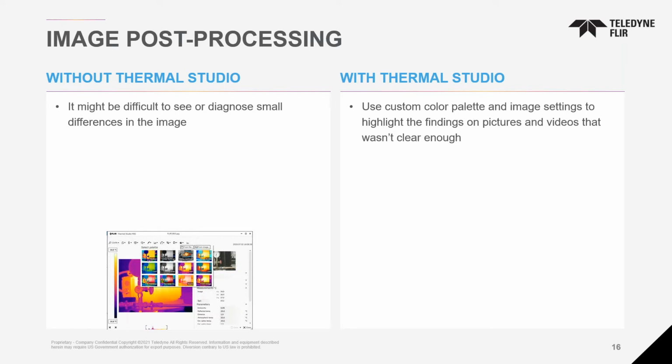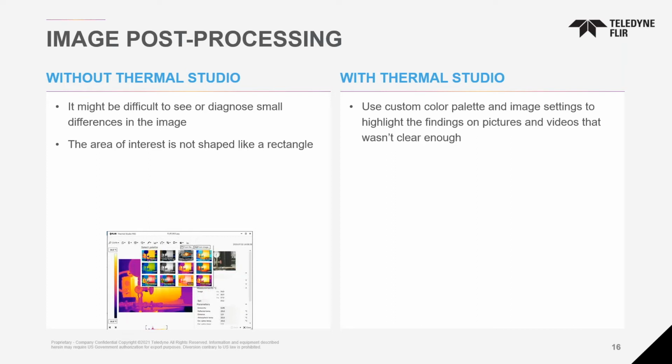So here on the bottom left, you got an image. This is a snip of inside of our software program. And as you can see here, we're just highlighting, you can choose different color palettes or isotherms that make it the most meaningful to your image. And then again, without Thermal Studio, maybe you've taken an image and the area of interest is not shaped like a rectangle.